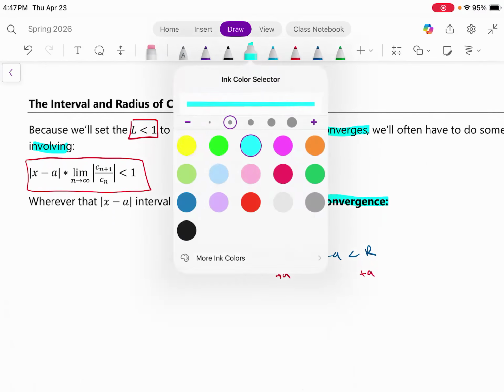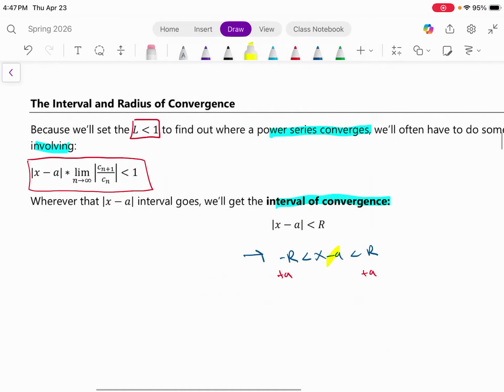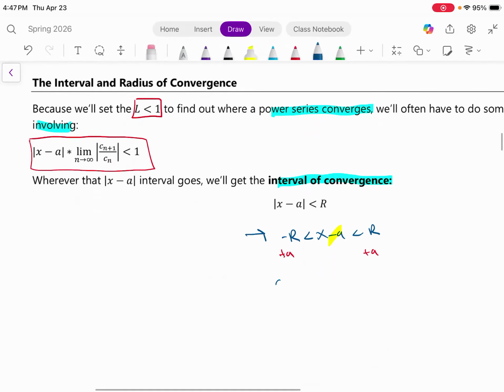That gets rid of the a here. Using some algebra, we're left with a minus r less than x less than a plus r. Okay, so that's our interval of convergence.